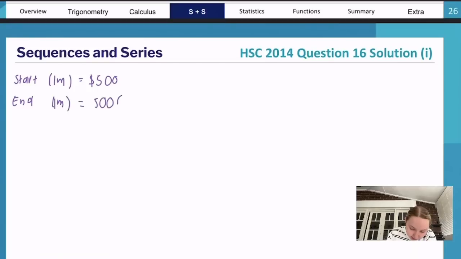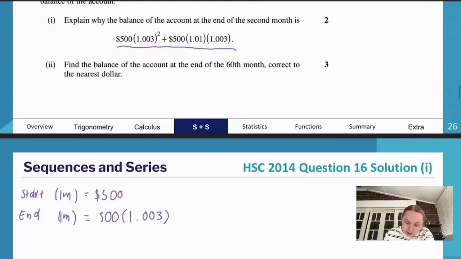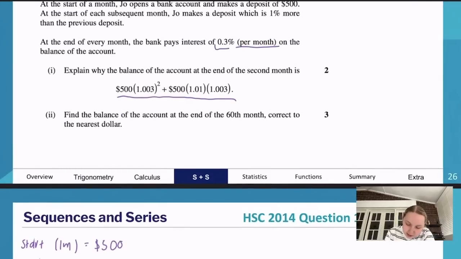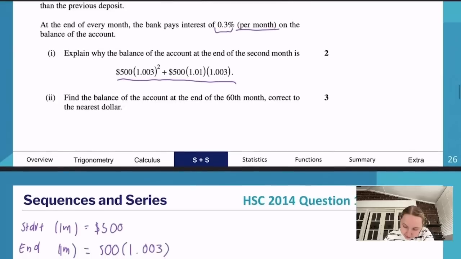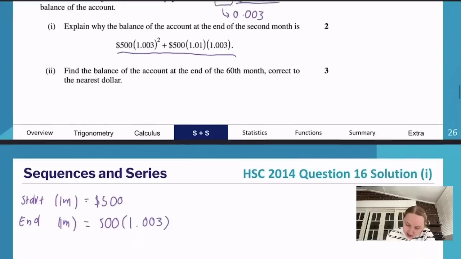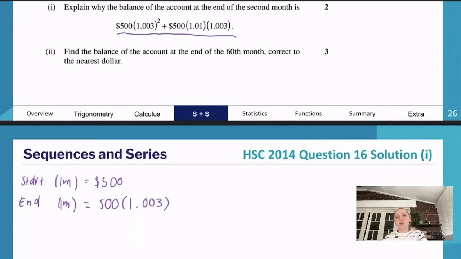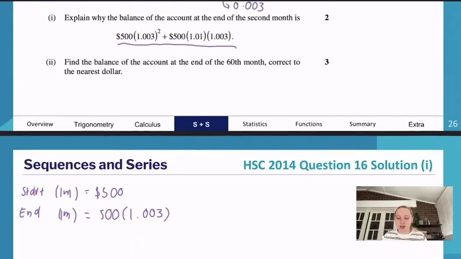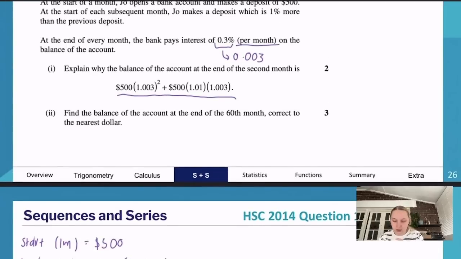That's when her interest is getting paid. So if they're paying 0.3% interest, as a decimal that is 0.003, and we're multiplying by 1.003 because we're still going to have our $500, which is why we've got the 1 plus the interest, which is the 0.003.